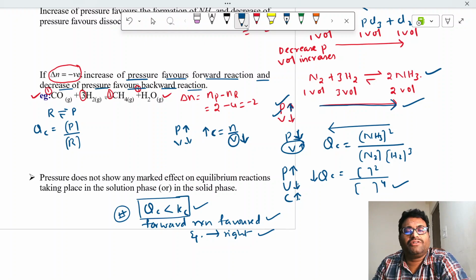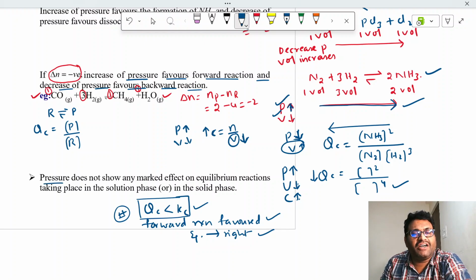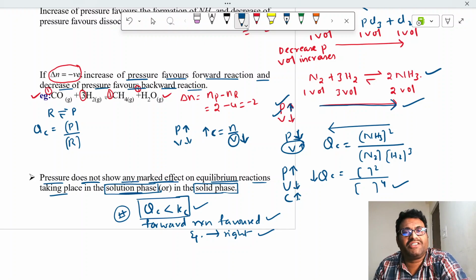So this is about the effect of pressure, and another point is pressure does not show any marked effect on equilibrium reactions taking place in solution phase. This is important, solution phase or solid phase. On solution or solid, pressure cannot show any effect.